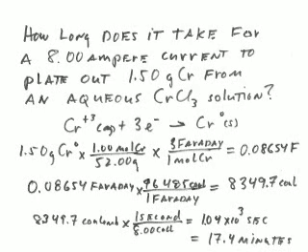A Faraday is 96,485 coulombs. So we're going to need 8,349.7 coulombs of charge. The current is coming at 8 coulombs per second. So it's going to take 1,000.04 seconds, or in other words, 17.4 minutes to plate out the chromium from the chromium solution.